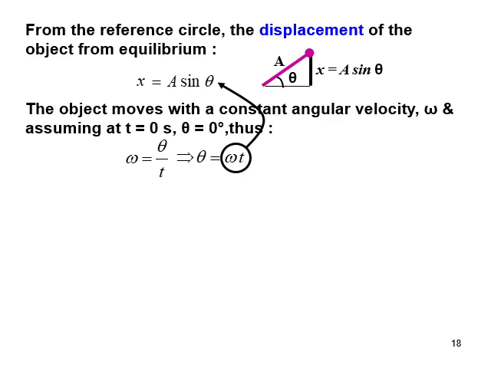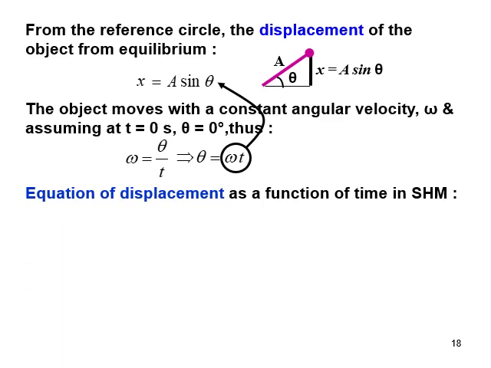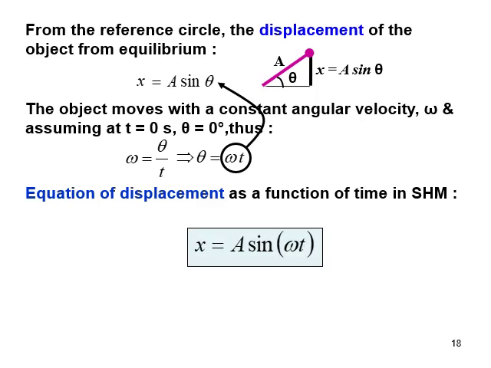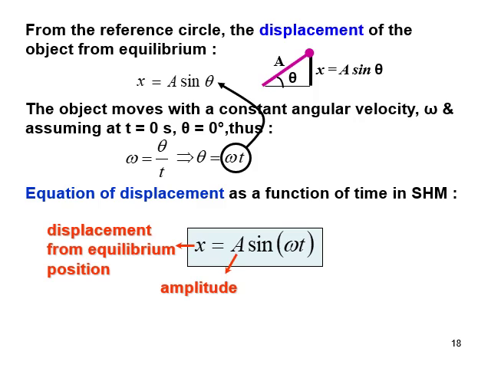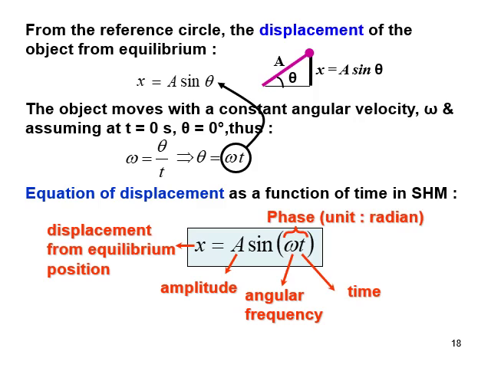Then, the equation of displacement as a function of time in SHM is x equal to A sine omega t, where x is the displacement from equilibrium position, A is amplitude, omega is angular frequency, t is time, and omega t represents phase. This phase is measured in units of radians.